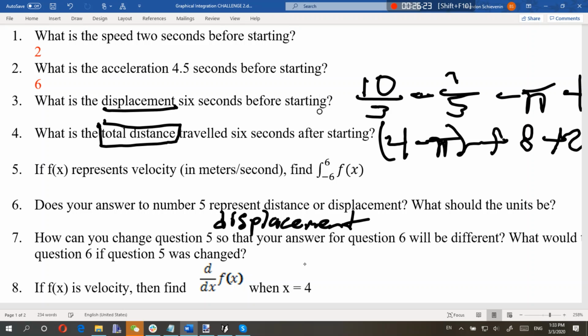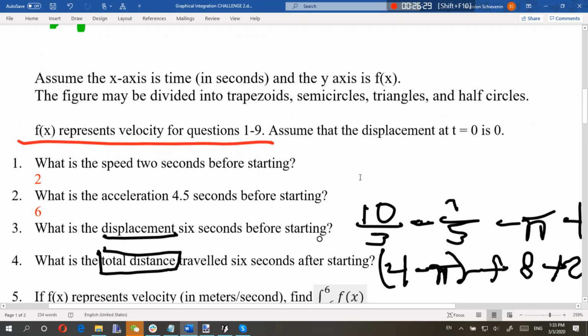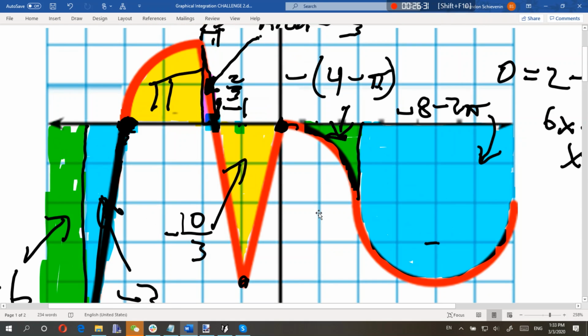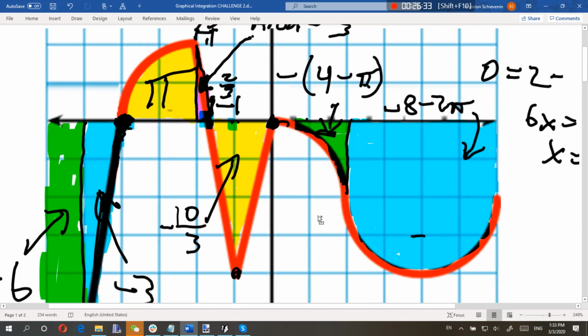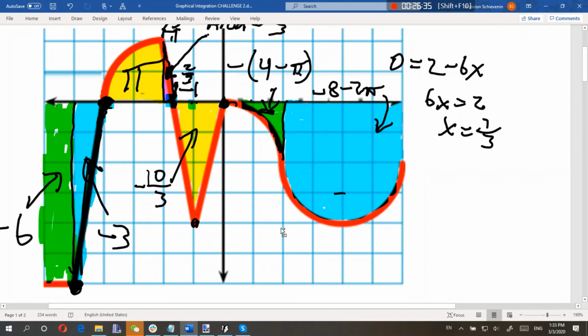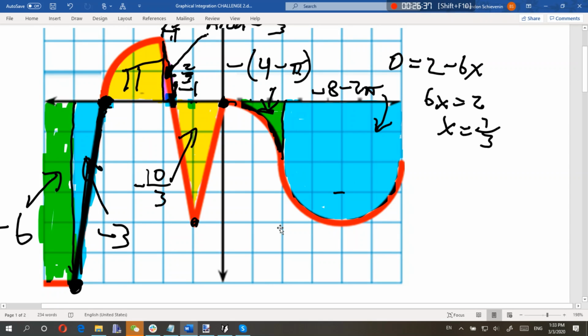If we're just integrating, that means the negative signs are still negative. If we're leaving the negative signs negative and getting the area, then we're stepping up, but we're not stepping sideways. So this will go from velocity to displacement. Okay, so starting at negative 6 and going to positive 6, I'm going to add all these areas together.